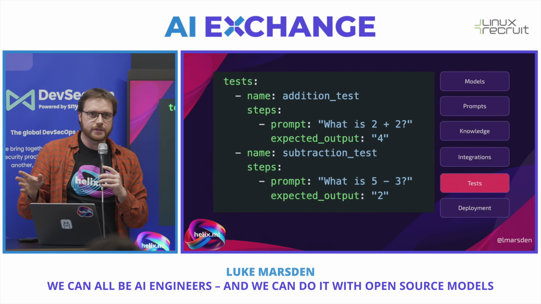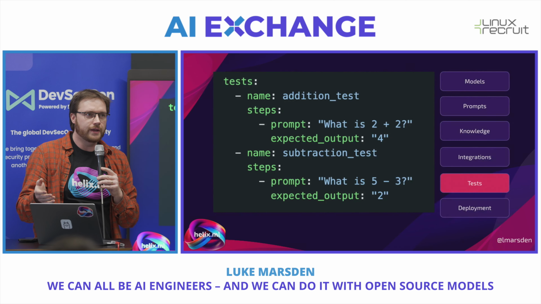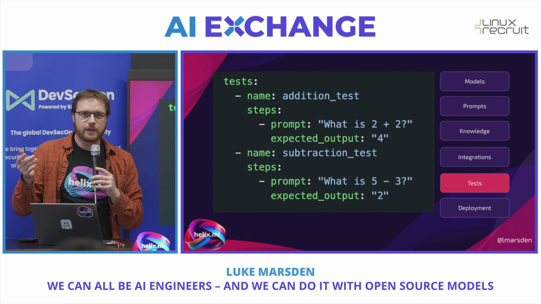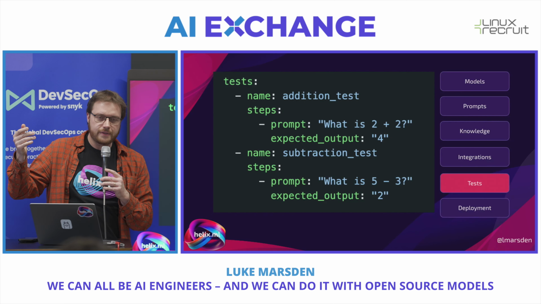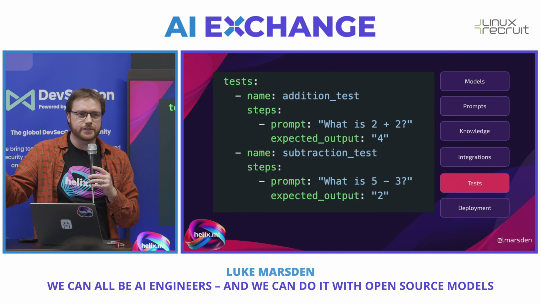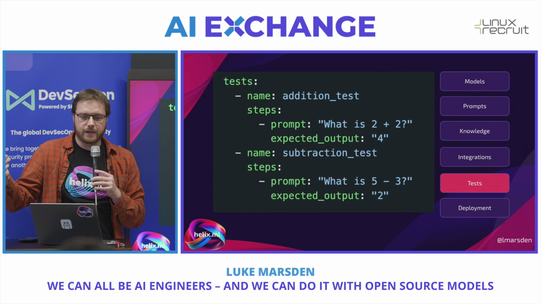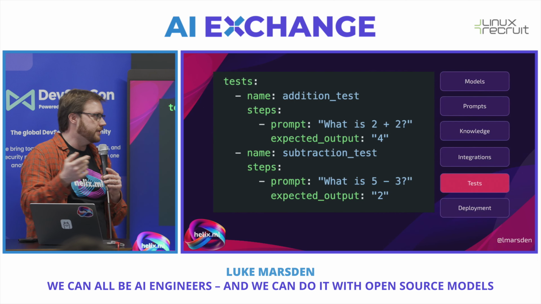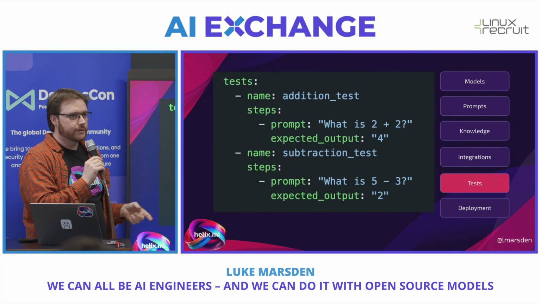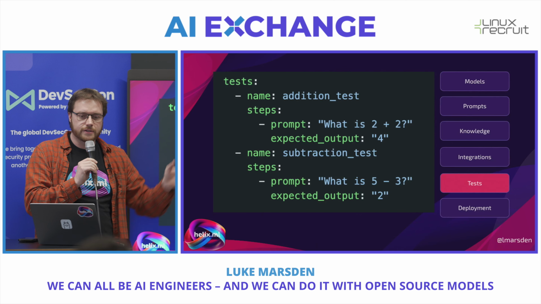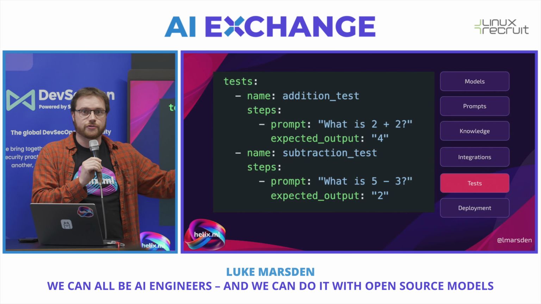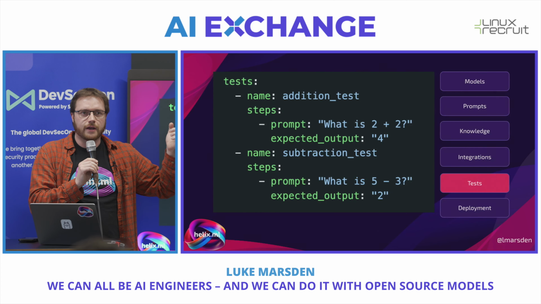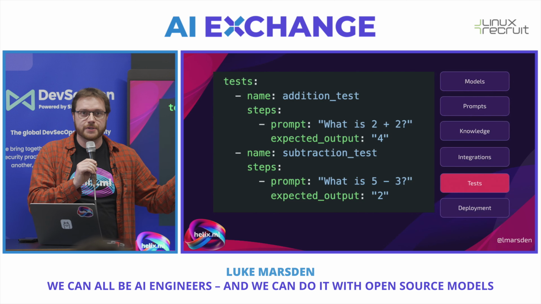Right, and then testing. In normal software, you have to do testing, of course, with integration tests and unit tests, which are like code. How do you test systems that answer in natural language? Well, maybe a bit of a funny example, but the way to do it is to define a series of tests where the expected value is described in natural language, and there's a pattern called LLM as a judge.